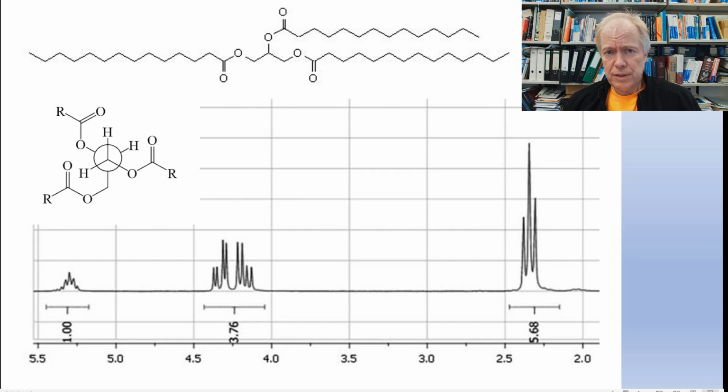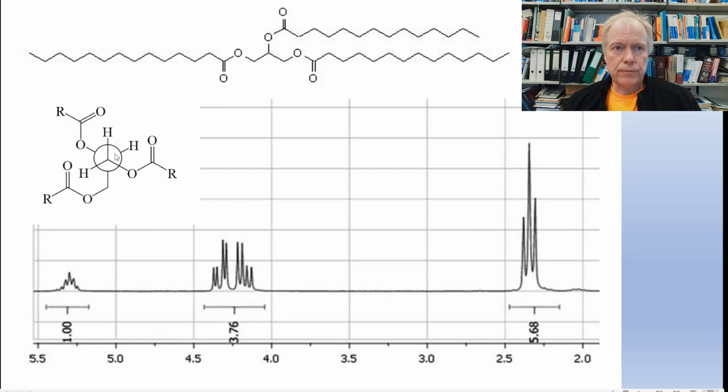This is not the case here, but diastereotopic protons can also arise if we have them in close proximity to a prochiral center. And this is the case here, as I have explained with the Newman projection.